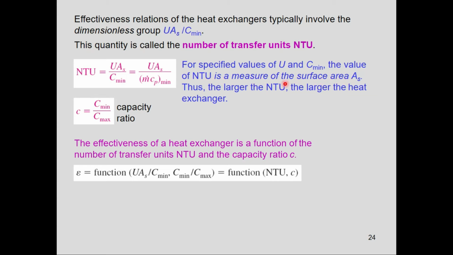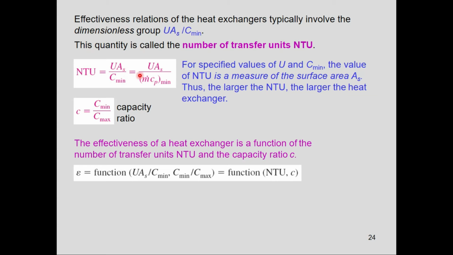If you specify C min and the overall heat transfer coefficient, there will be a direct relationship between the NTU and the heat transfer surface area. So larger the value of this NTU, what does it mean? Larger will be the heat exchanger surface area, right?